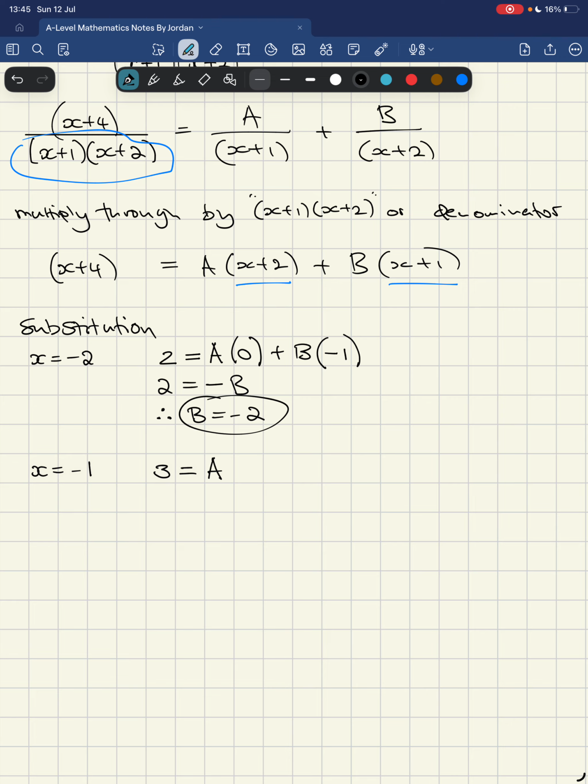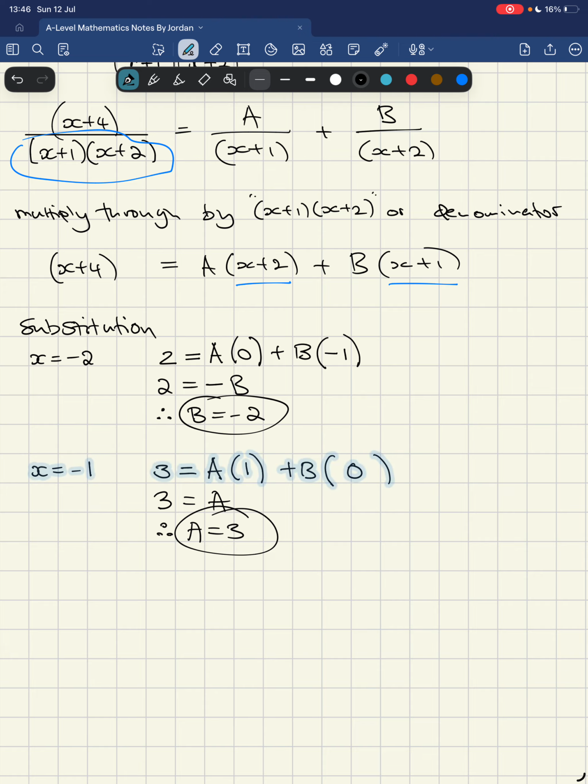I've got A. Here we've got negative 1 add 2, which just gives me 1. And then here we've got plus B, minus 1 plus 1, which you can see that goes to 0. And so this just simplifies to 3 equals A, and therefore A is 3.